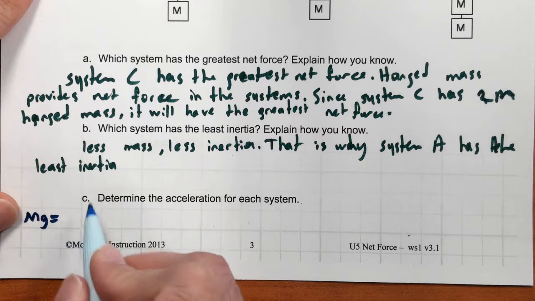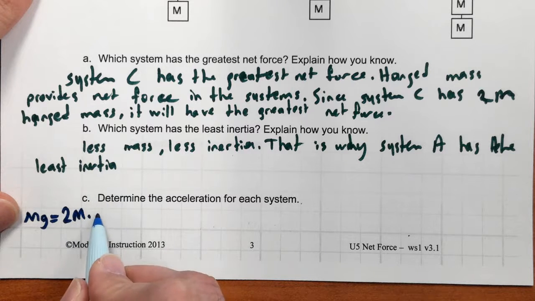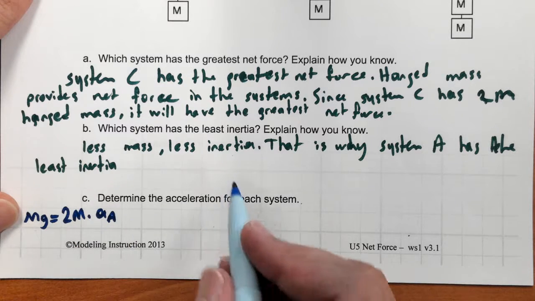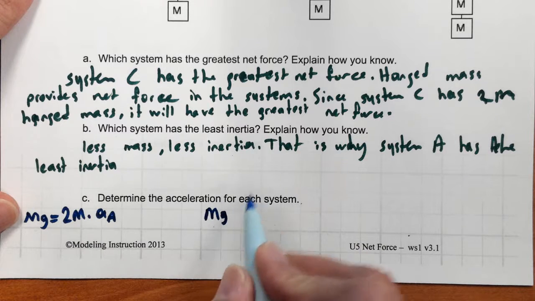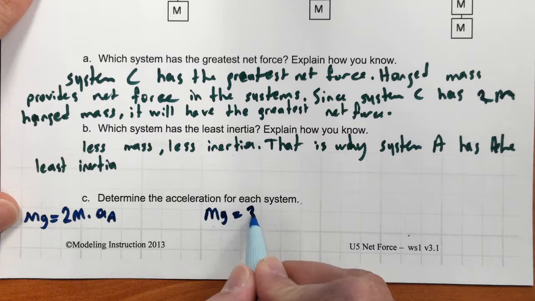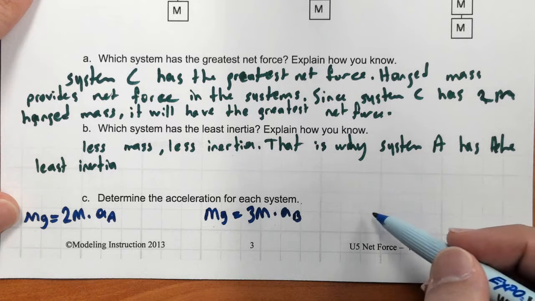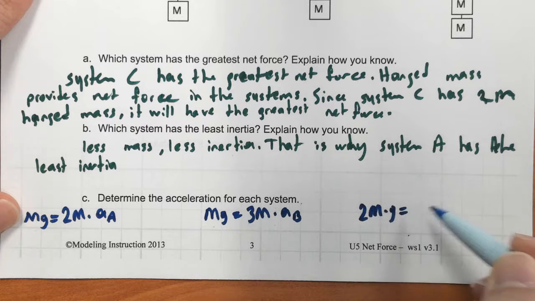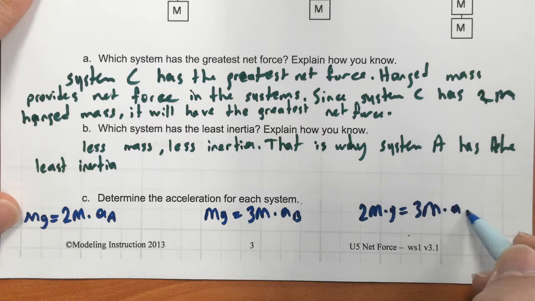The total mass of the system is 2m, and I'm trying to find the acceleration of system A. Let me write the equation for system B. I have 1m times g hang mass, and system mass is 3m, and acceleration of B. And now I have 2m times g equals system mass 3m times AC.